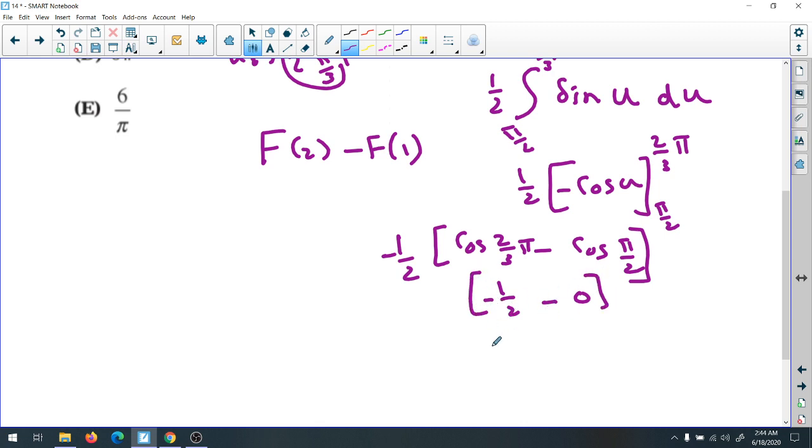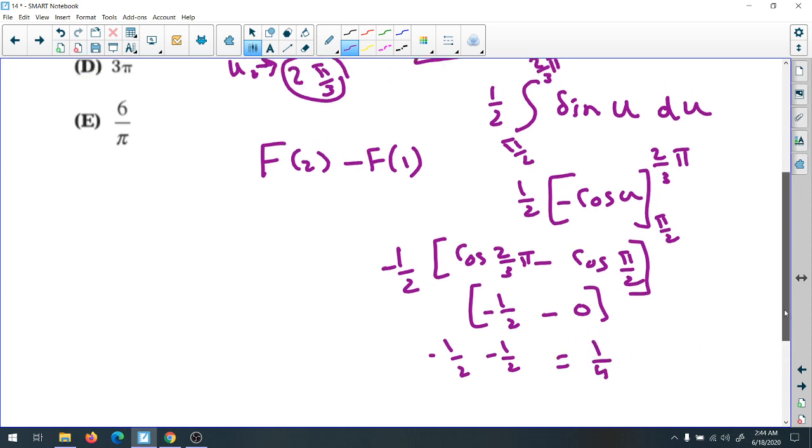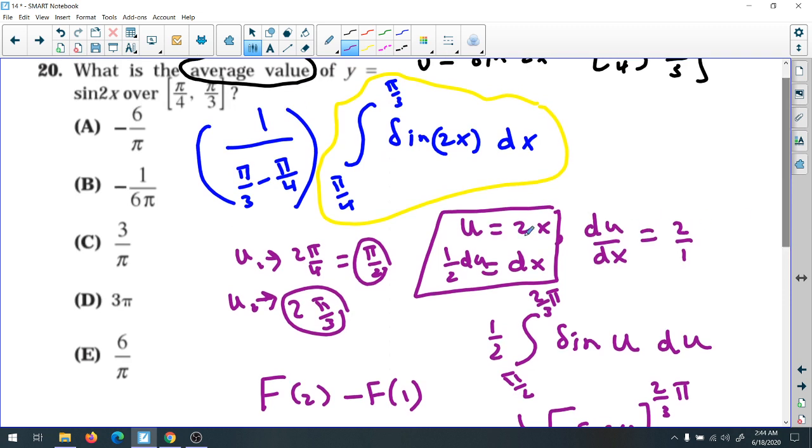So it will be negative a half times the negative half outside, which is 1/4. The evaluation of this integral is 1/4.